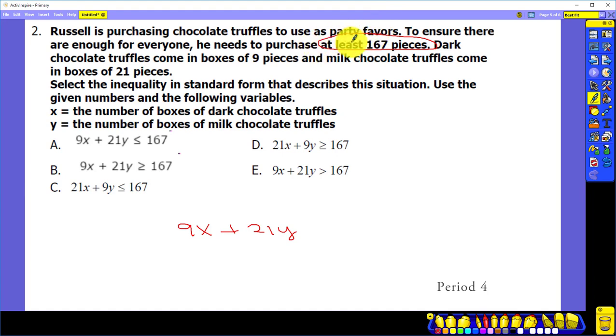Then he needs to purchase at least, so greater than or equal to 167. Alright, so this will be the answer, letter B. Okay, it's just a matter of setting up our inequality.